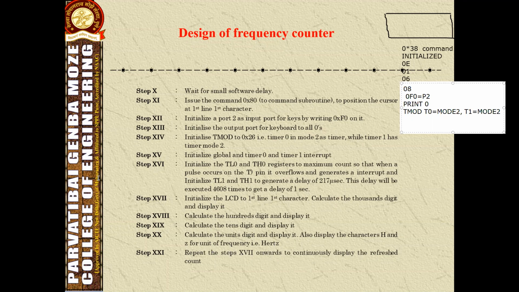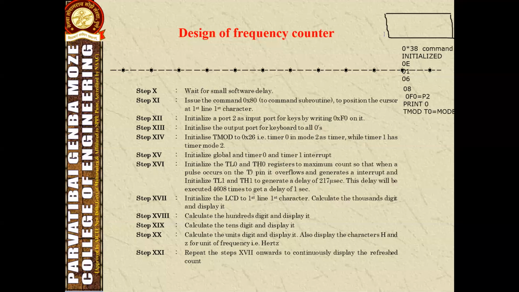Now there are a few steps we have to follow for the command subroutine, data subroutine, and also the delay subroutine. So let's see what those steps are. I will clear these. Let's go to the next slide.